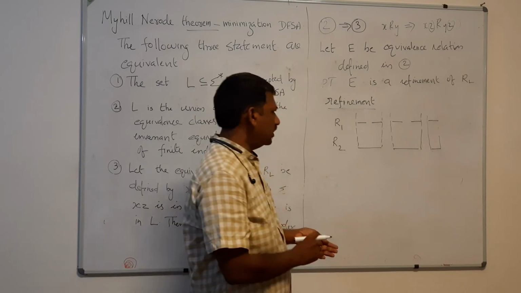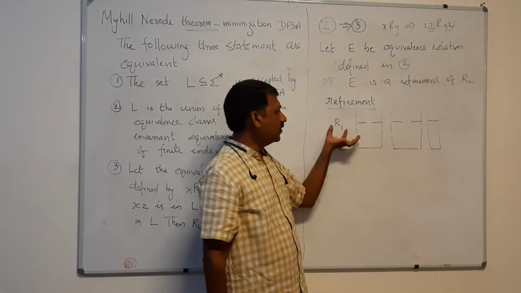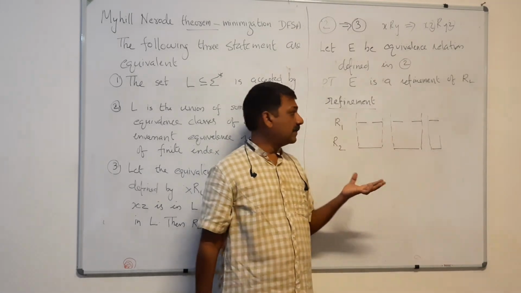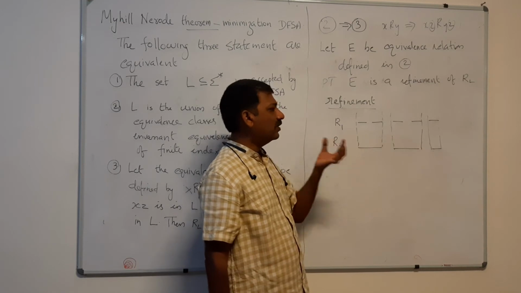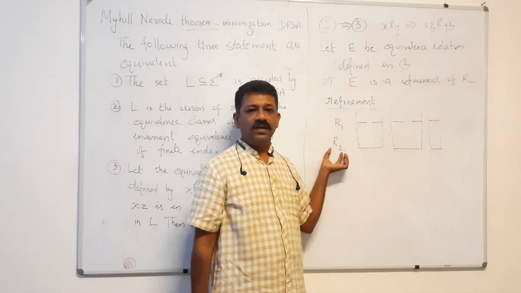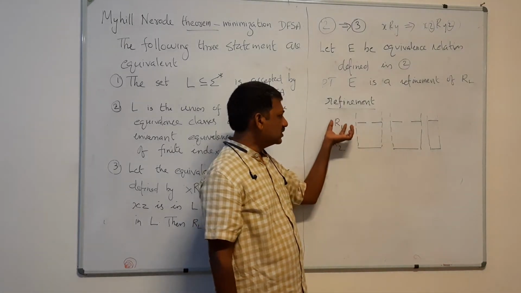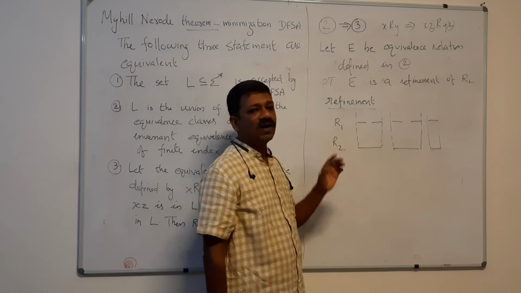Now the meaning is R2 is having 3 equivalence classes and R1 is having 5 equivalence classes, and R1 is fully contained in R2, then we call it R1 is a refinement of R2. Then we say that R1 is contained in R2, or R1 is a refinement of R2.